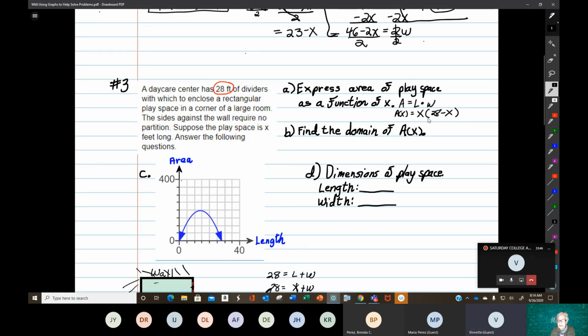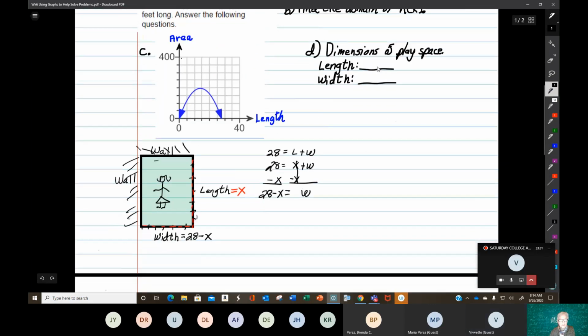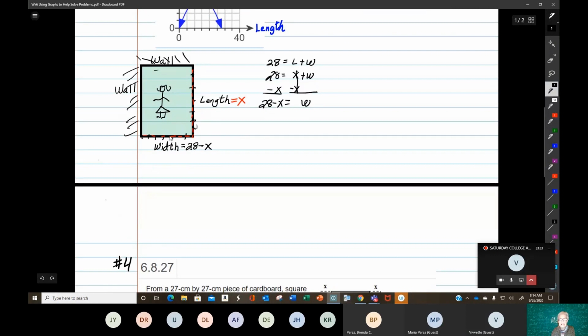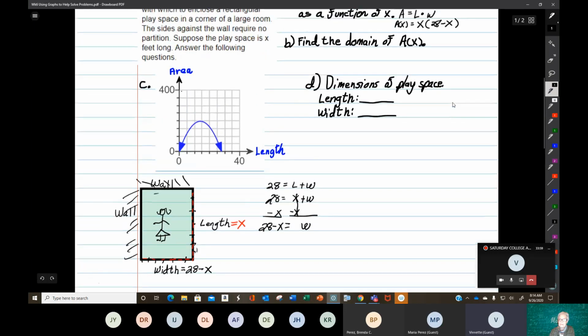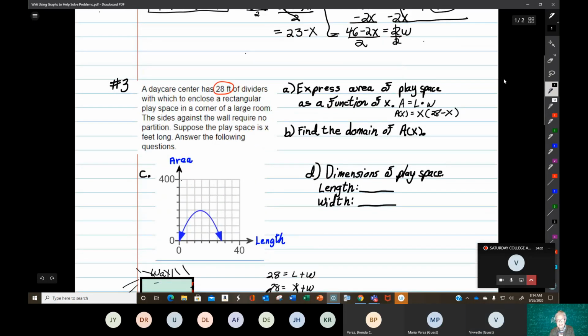So what can we let x equal so that this problem makes sense, so that we have some kind of play area for the kids? Well, the way you do it is this. You take A of x equals x times 28 minus x.